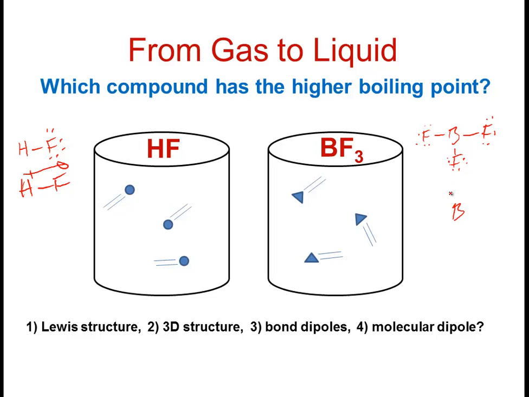According to VSEPR theory, hopefully you came up with something like this, which we call trigonal planar. The bond angles are all 120 degrees. And now let's look at the bond dipoles. Do these bonds have dipole moments?